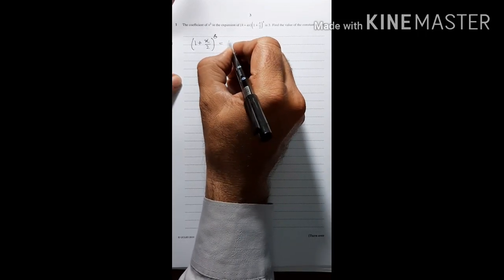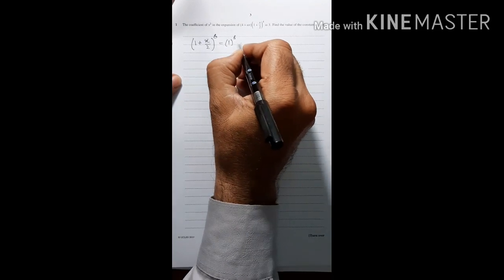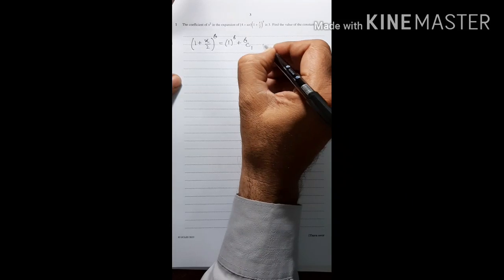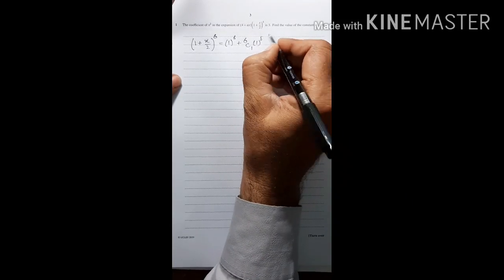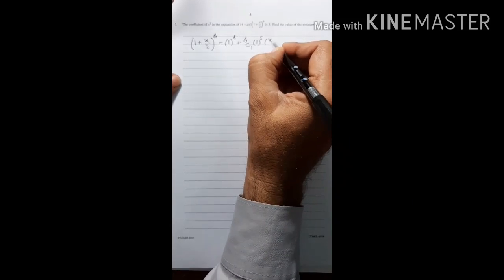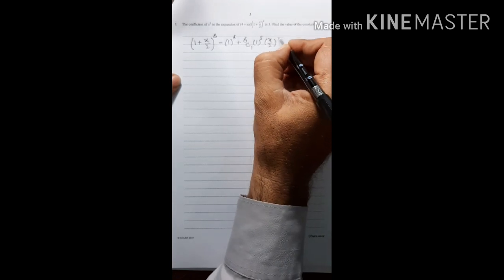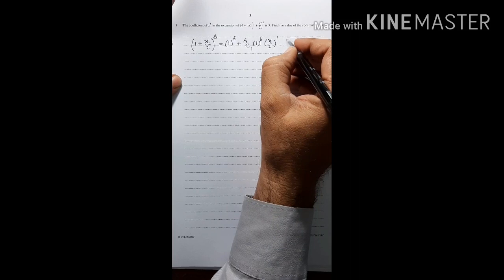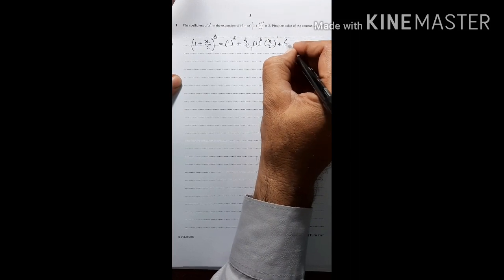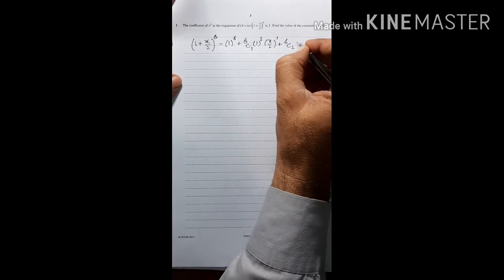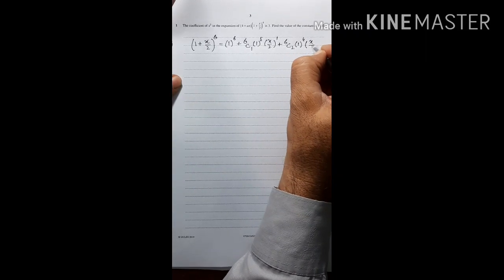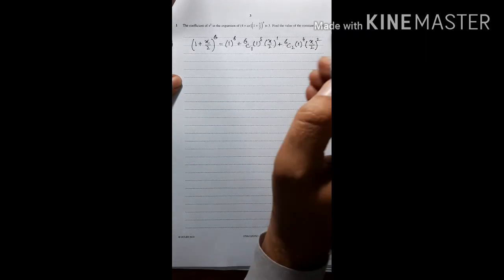So this will become 1^6 plus 6C1 times 1^5 times (x/2)^1, that is the second term, plus 6C2 times 1^4 times (x/2)^2.